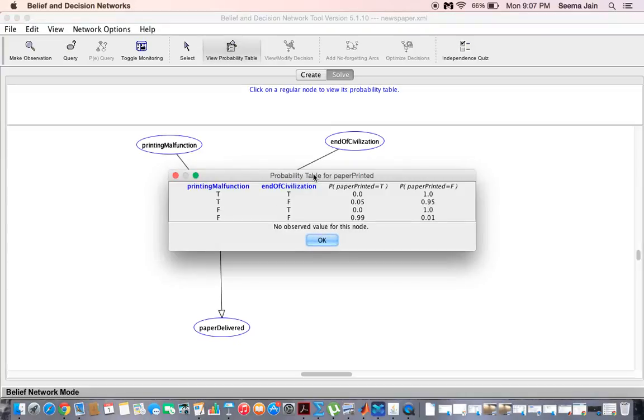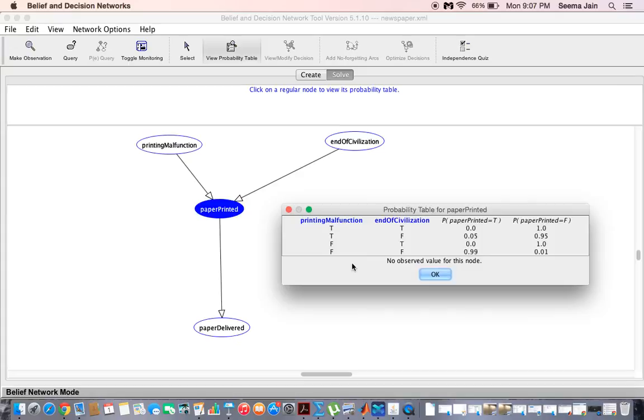And the function for paper printed is, if the printing malfunction is true and end of civilization is true, then the paper will not be printed for sure. All odds against us. And if the end of civilization is true, but the printing malfunction is false, we still get no paper.